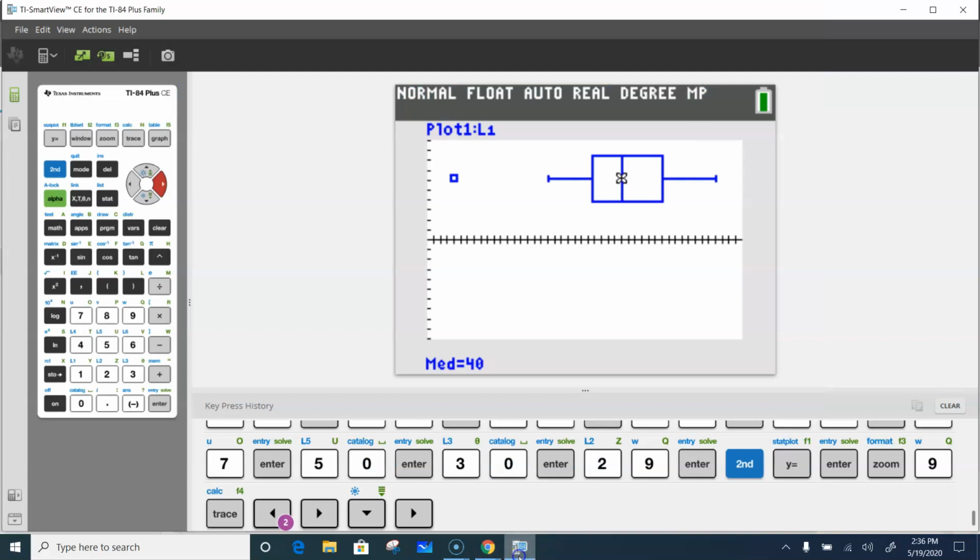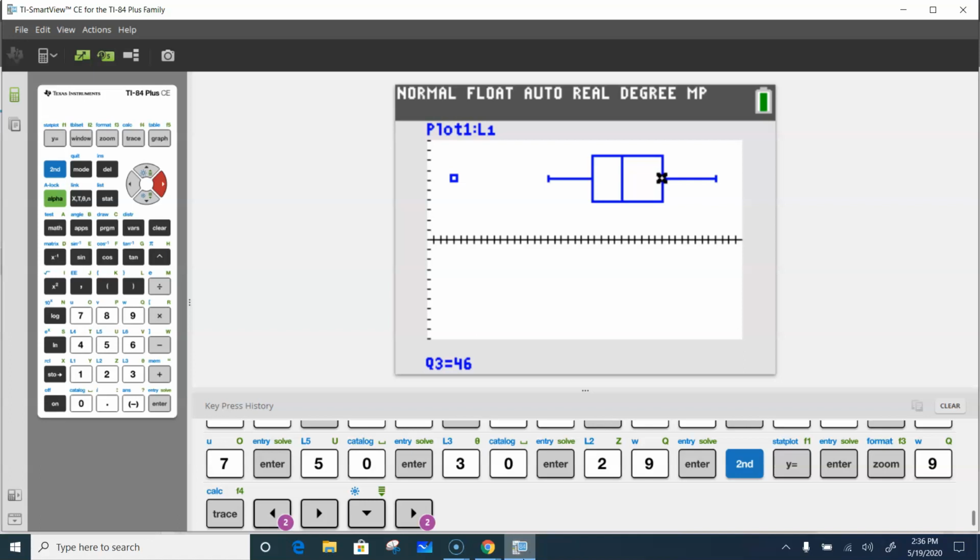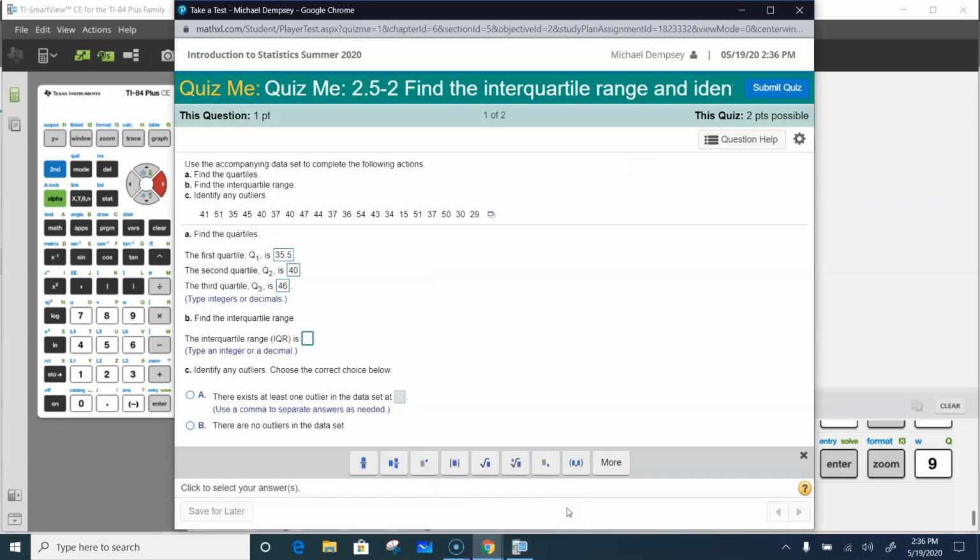The third quartile is 46. And then what's the IQR? That's the difference between these two. 46 minus 35.5. So if my arithmetic is right, that's 10.5. Right? 46 minus 35.5 would be 10.5.